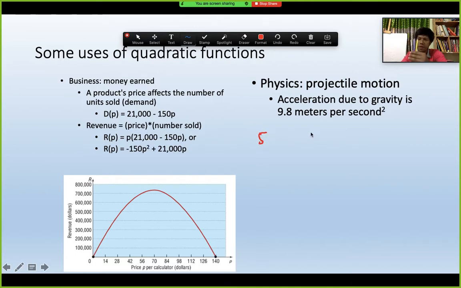One pen is 5 taka, so 3 pens means 5 times 3. Each pen is 5 taka. This is the price, and this is the quantity. There are 3 pens here. So price times quantity is your revenue, the total amount of money that you get after selling it.